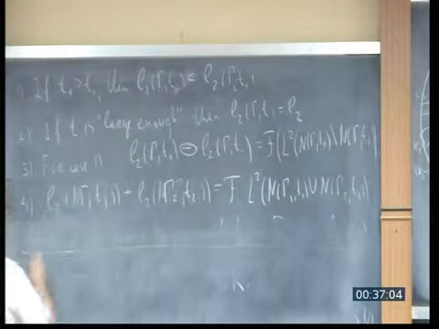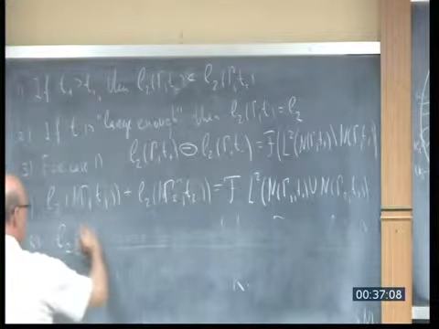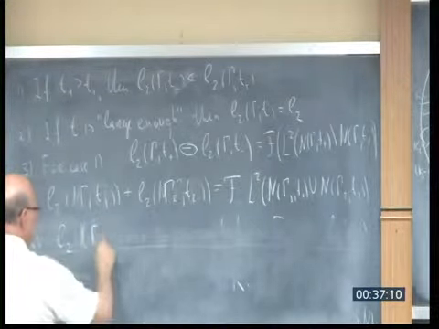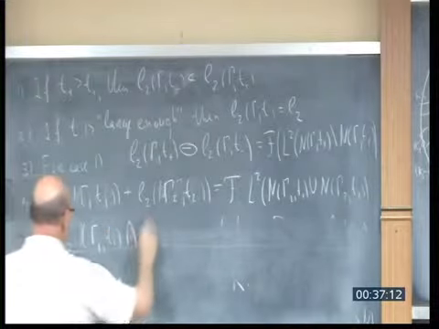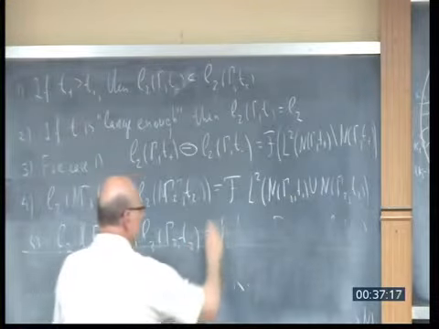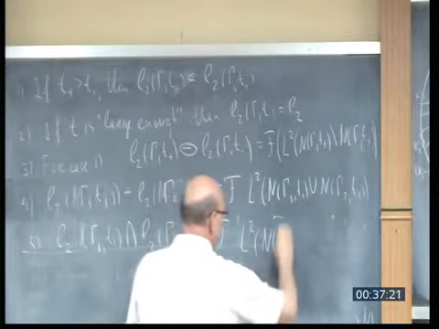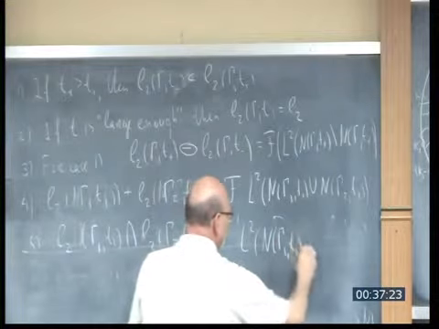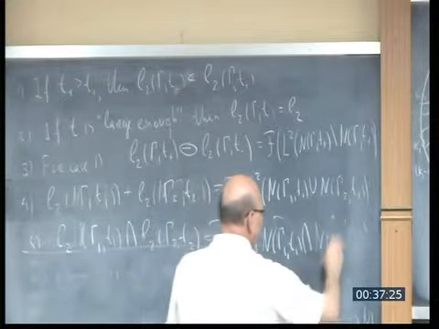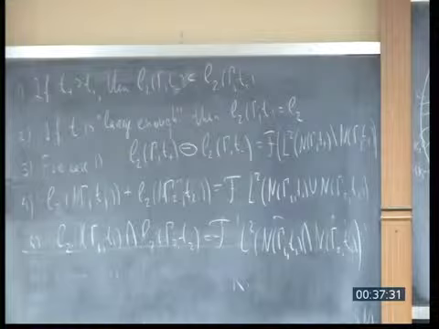So if you take the Fourier transform of L2 gamma 1 T1 and intersect with L2 gamma 2 T2, that will be the Fourier transform of L2 over the intersection of gamma 1 T1 and gamma 2 T2. Okay?